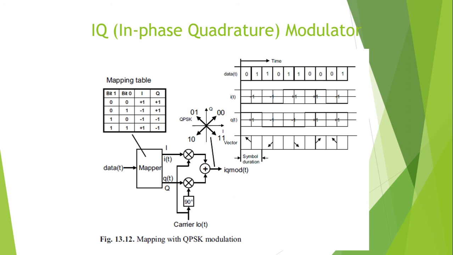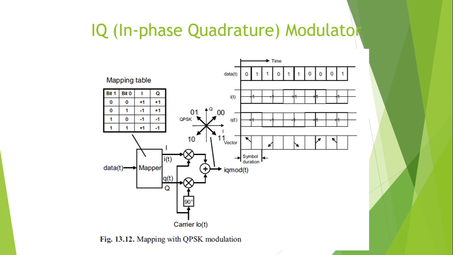The information is contained in the phase of the carrier. Now we switch the carrier phase at half the data rate relative to the input rate. The required channel bandwidth is reduced by a factor of 2.